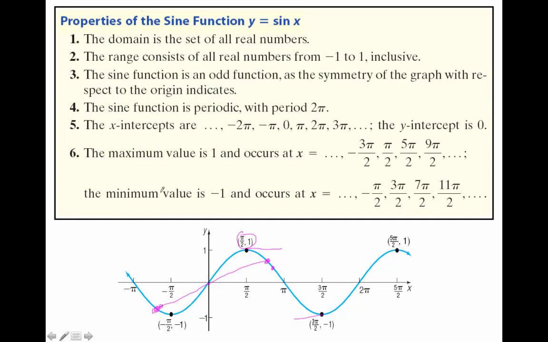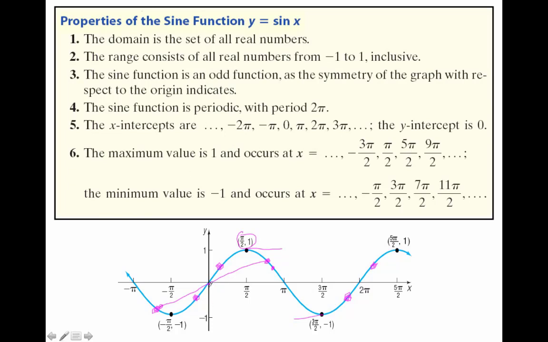The sine function is periodic with period of 2 pi. And we remember that from the unit circle as well, because each time you do a full circle, you're back to a y value in this case that you've been to before. So from here, if we go 2 pi further, we're at that same y value. Or from here, if we go 2 pi further, we're at that same y value. The x-intercepts, as I said a moment ago, are going to be all your multiples of pi.